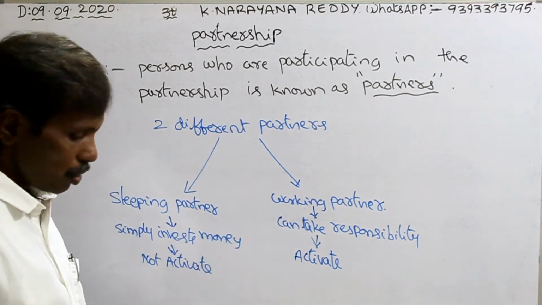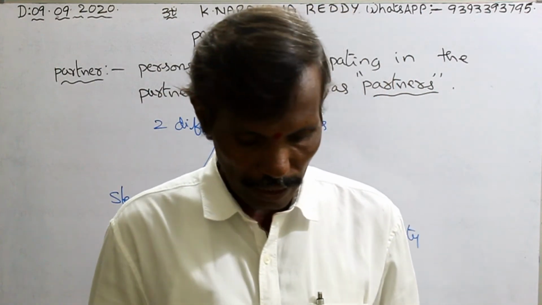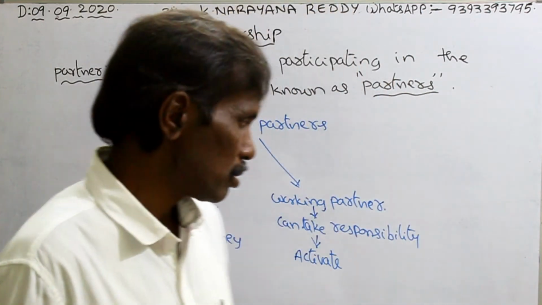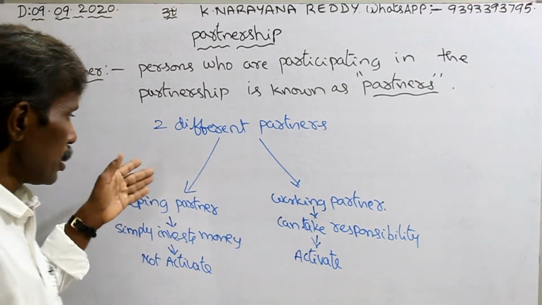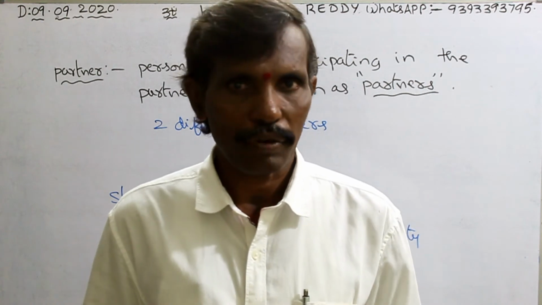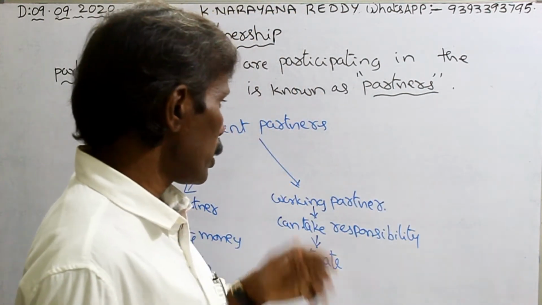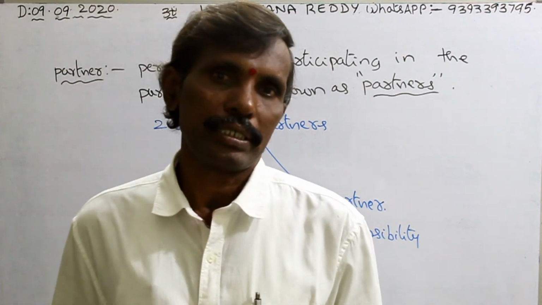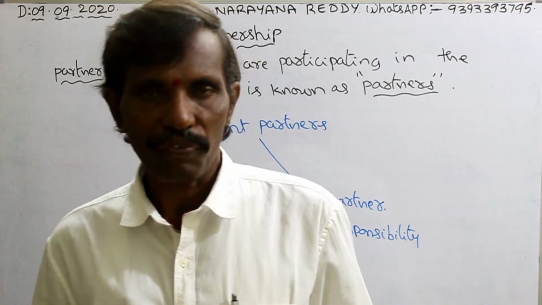Okay? So in partnership, two types of partners are there. Number one is sleeping partner, number two is working partner. A sleeping partner simply invests money and is not active in any part of business. But a working partner can be active in any part of business and take responsibility for what is going on, profit or loss.